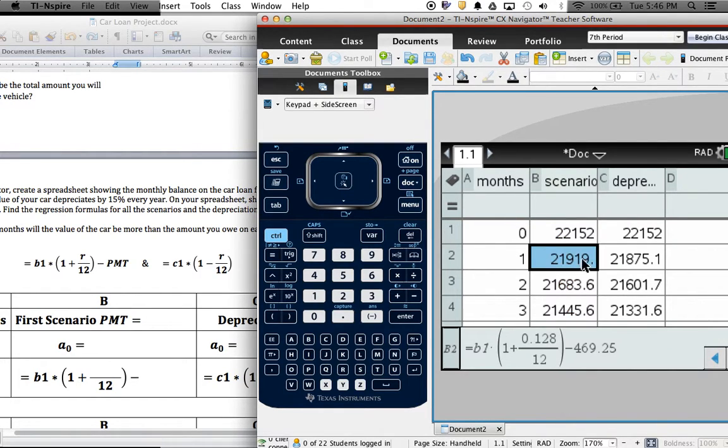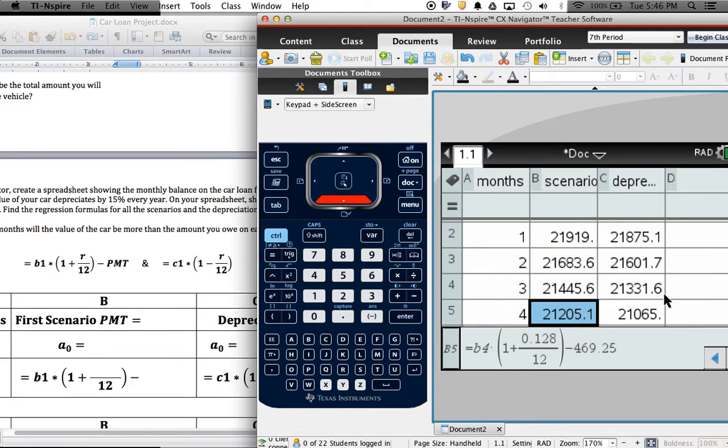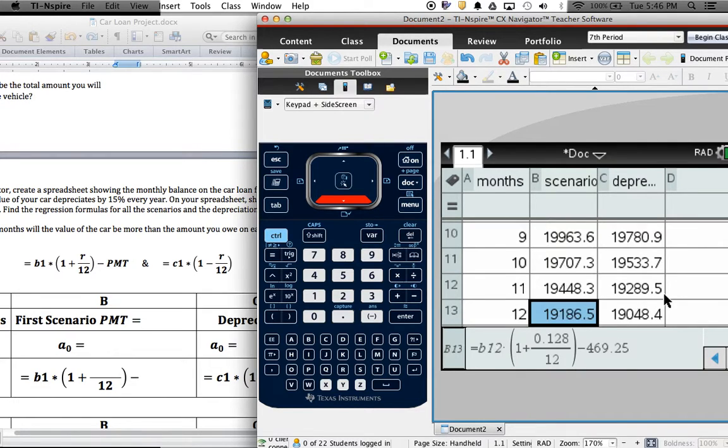For most of you, if you start at the top and work your way down, it'll be faster. So notice I'm pretty close, but I still owe more here than what the car is worth. I'm still owing more, still owing more. I'm going to keep on going down, still owe more. And it gets a little bit tricky when you change values.